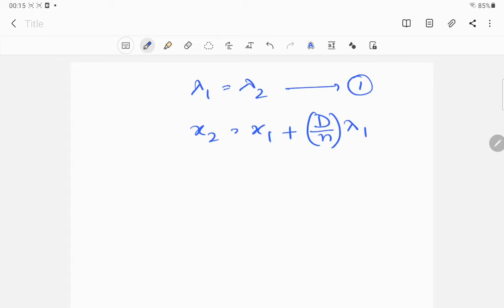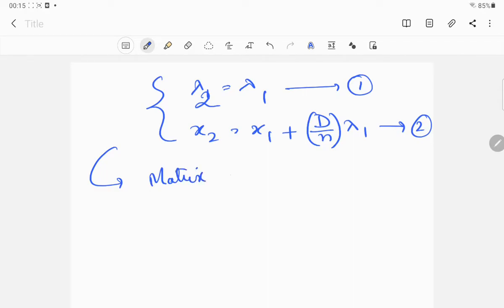So since you can see the two terms are on this side, so I will write it like this. So lambda 2 equal to lambda 1. Now this is our equation number 2. So now converting this to a matrix equation. So how do we do that? You see, what are the variables here in these two equations? Equation number 1, variables lambda 1 and lambda 2, both are variables.